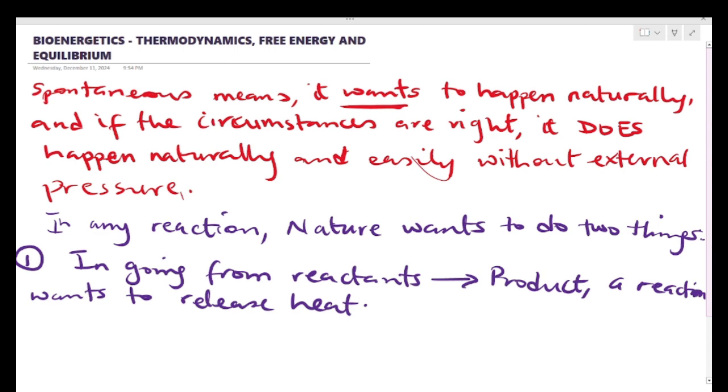That is, under normal ideal circumstances, any kind of reaction actually wants to release heat naturally.